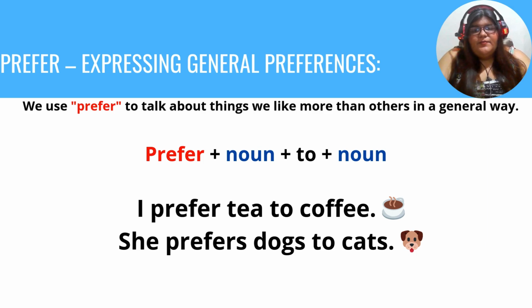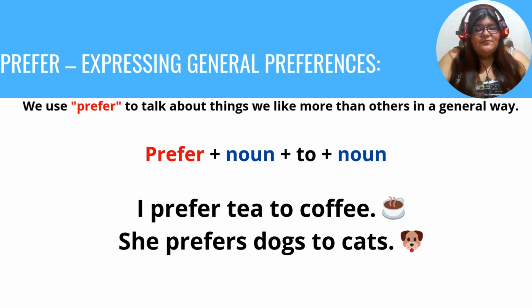We have I prefer tea to coffee. She prefers dogs to cats. If you see here, they are expressing something that they like more than other things. So if you want to express those ideas or your preferences, you could use prefer.